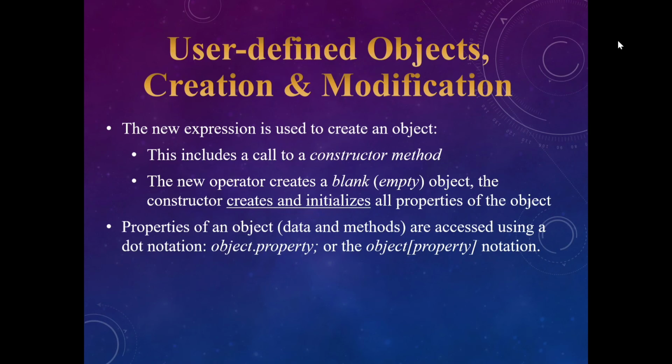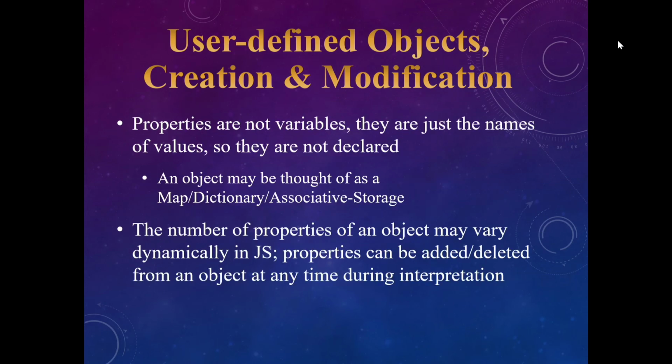Properties of a user-defined object can be accessed by dot notation. Example, object.property. A property is an association between a name and a value within an object.